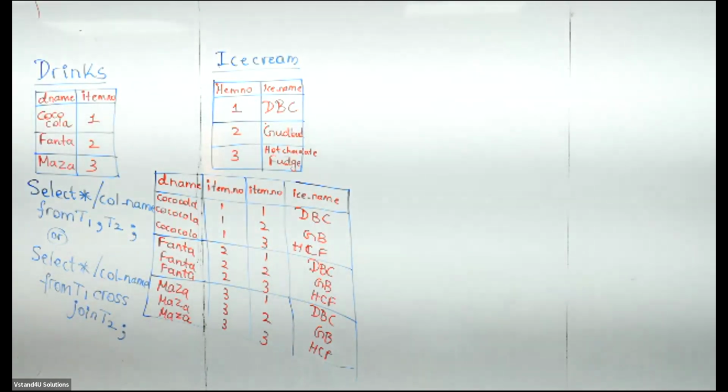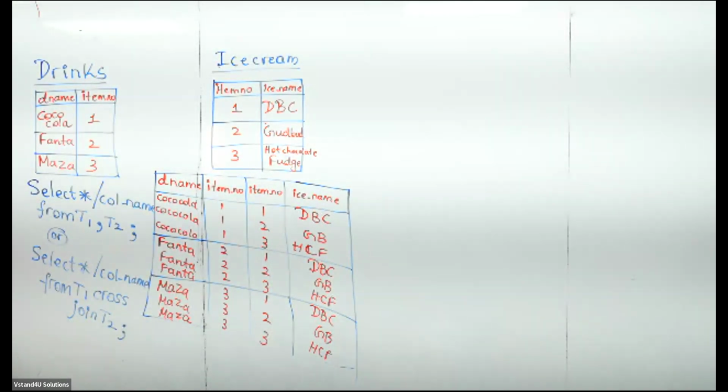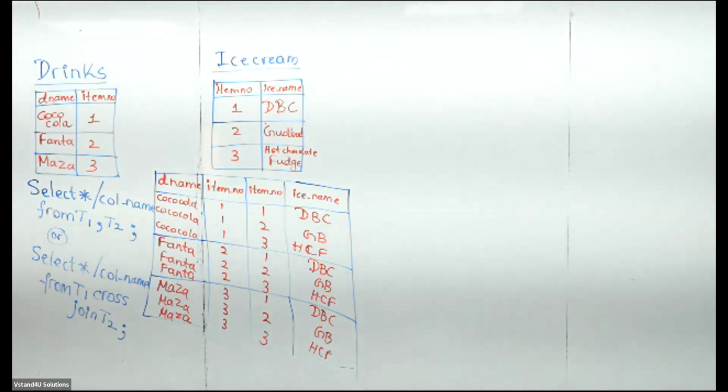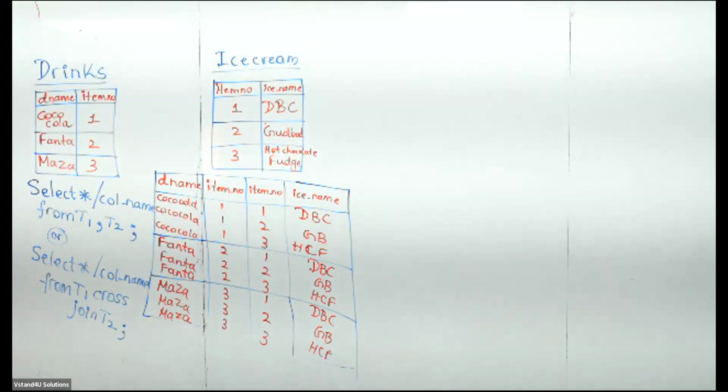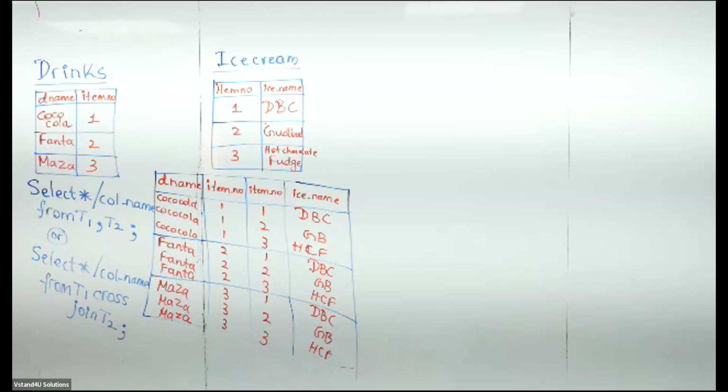Joining multiple tables by using common columns between them is called inner join.